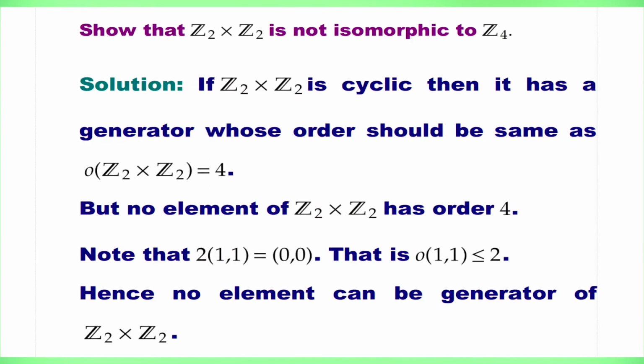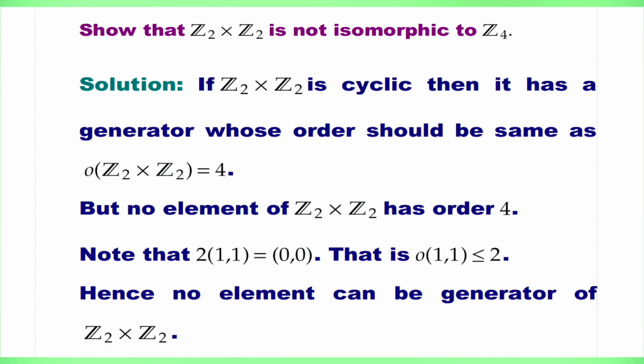We shall now show that Z2 cross Z2 is not isomorphic to Z4. If Z2 cross Z2 is a cyclic group, then it has a generator whose order should be the same as order of Z2 cross Z2, which is equal to 4. But no element of Z2 cross Z2 has order 4. Let us consider the element (1,1). Now when we are doing it twice, (1,1) star (1,1) is equal to (0,0).